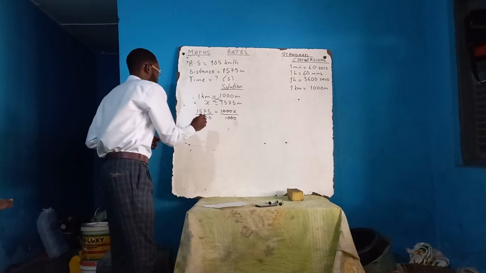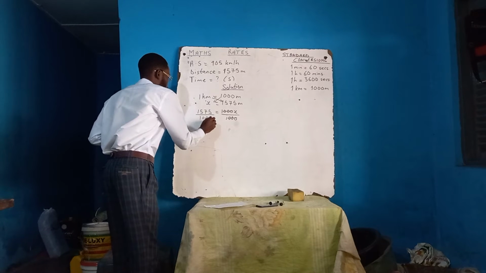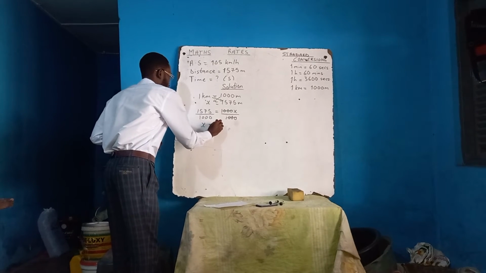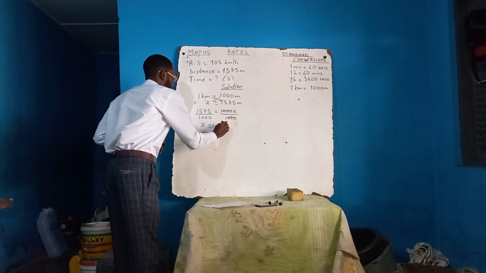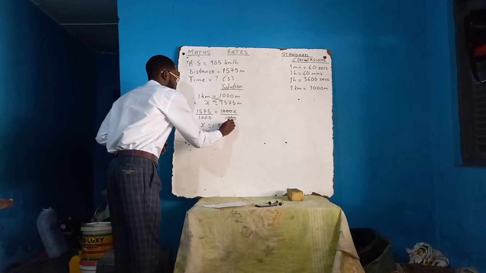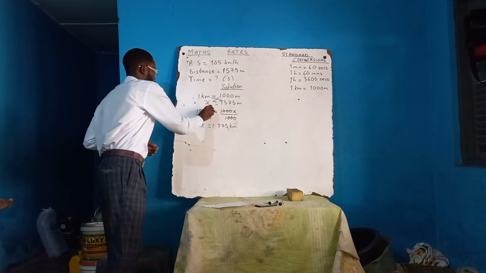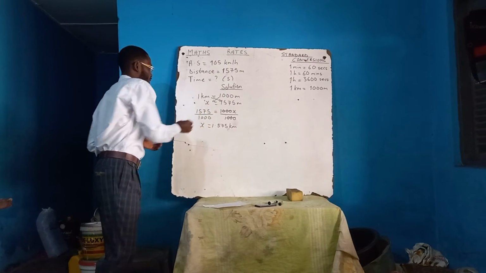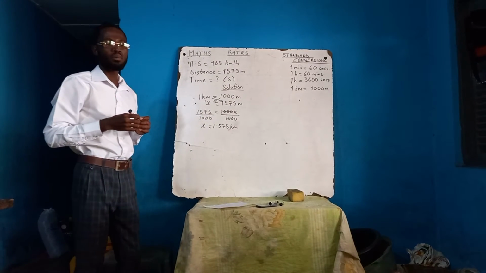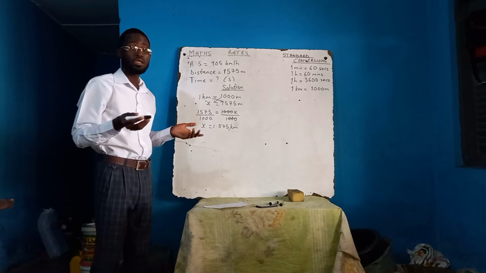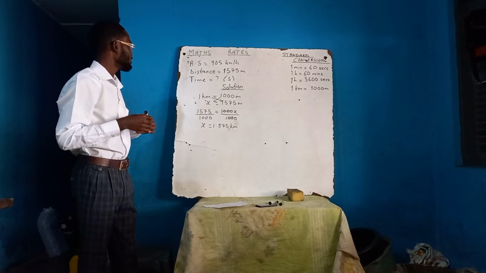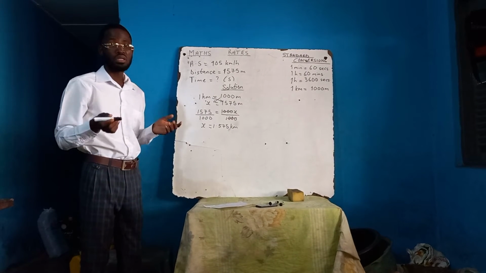So we are going to have x is equal to 1.575 kilometers. That is moving thrice, 1, 2, and 3. It translates to give us 1.575 kilometers. So I trust we are good to go now.